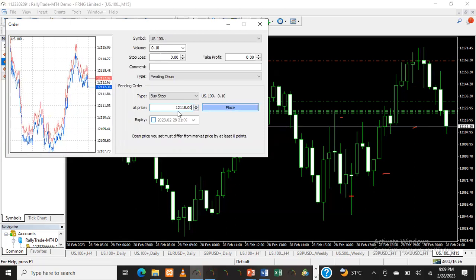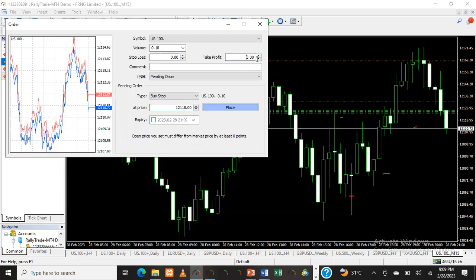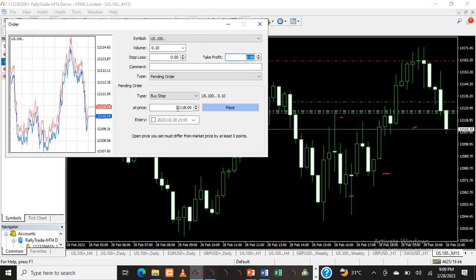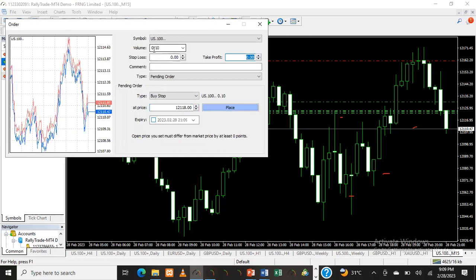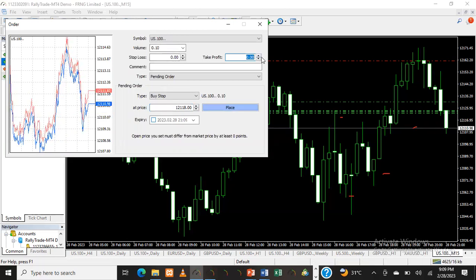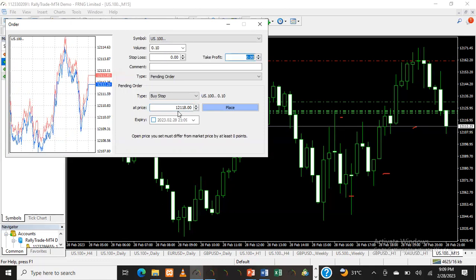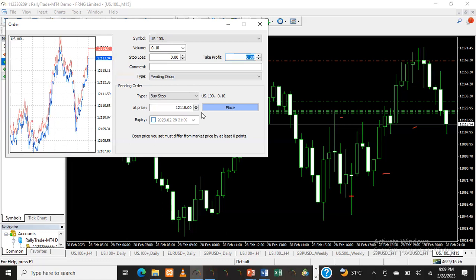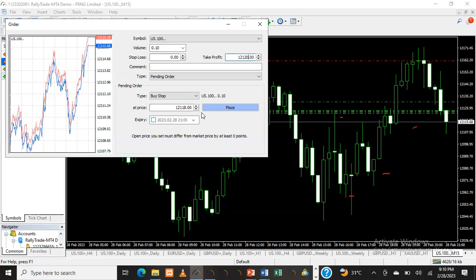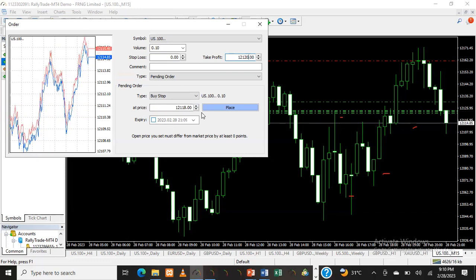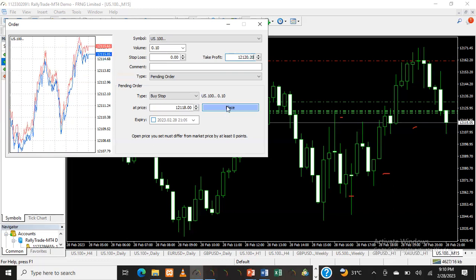Now, if I add 12.2 to this price, it means I'm expecting to make 10,000. My lot size is 0.10. So what I'm going to have is 12,120.20.